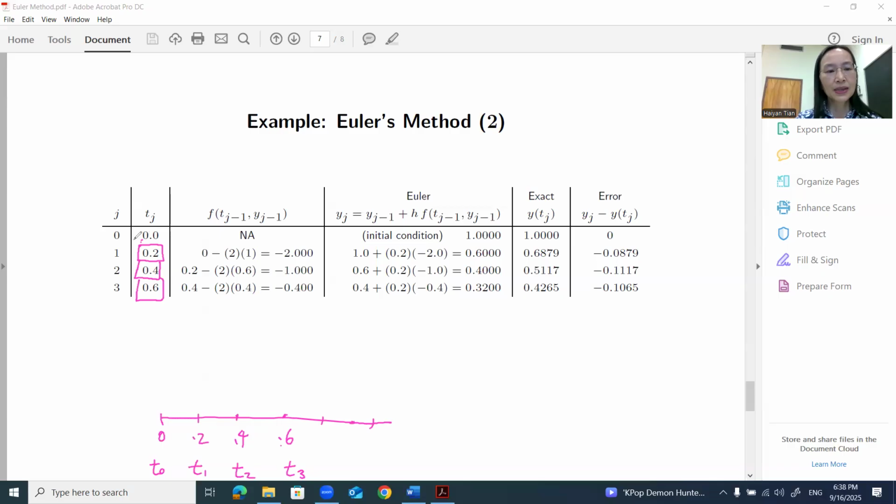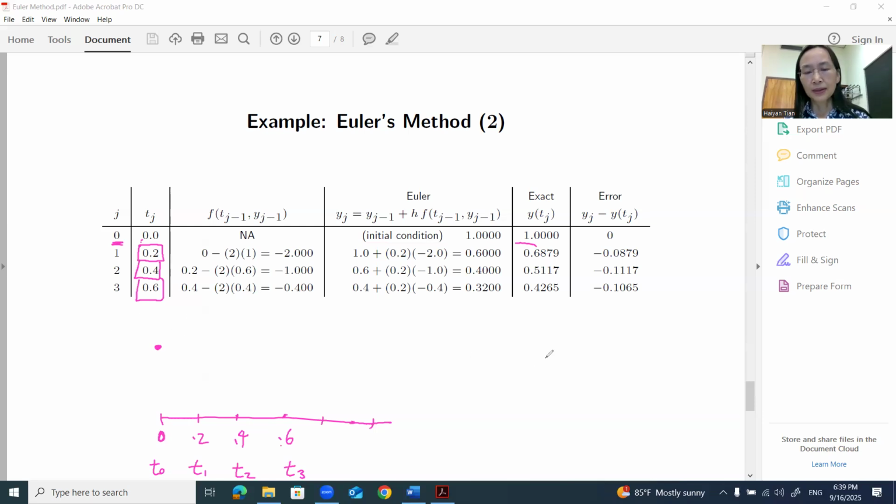So in step 1, the initial point is given: when T naught is 0, Y naught is 1. So we do have the first point, right? We can draw the first point, 0, 1.